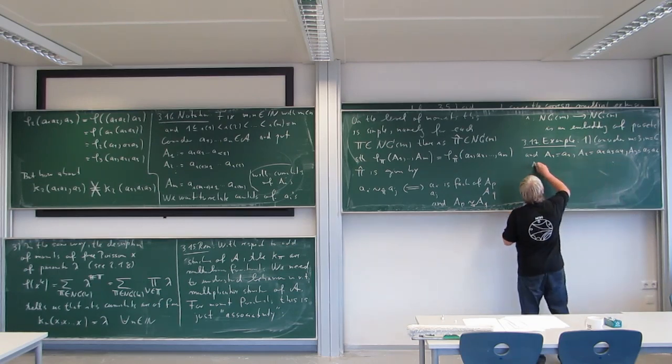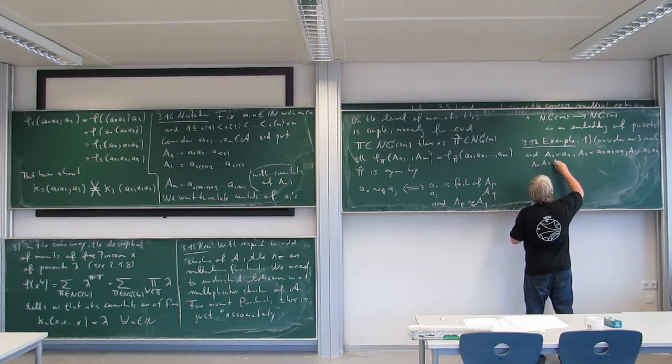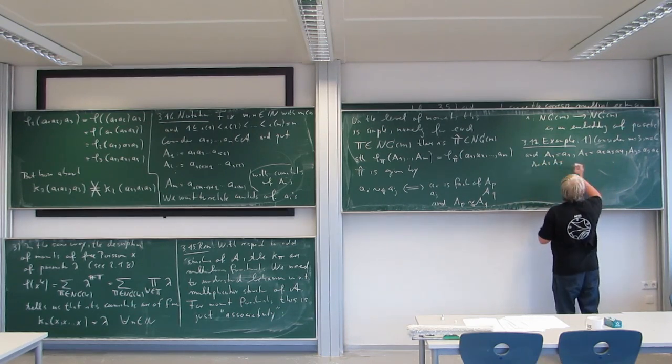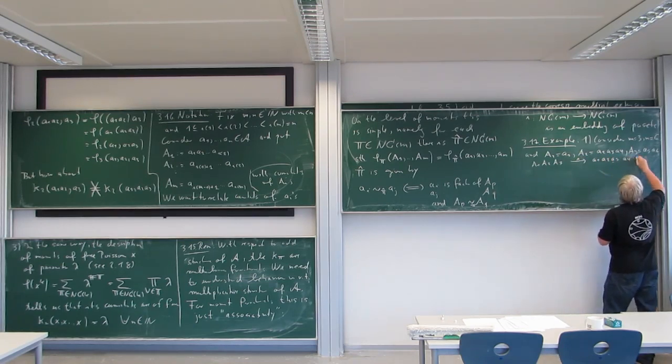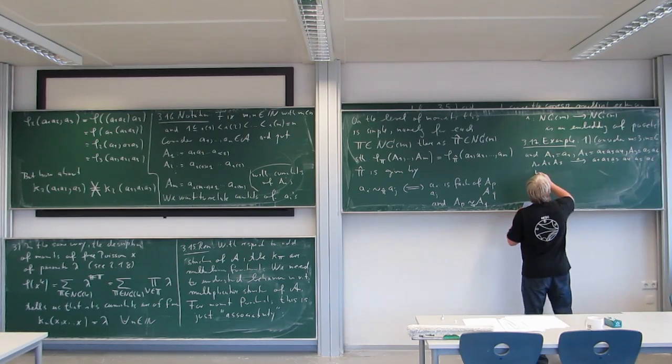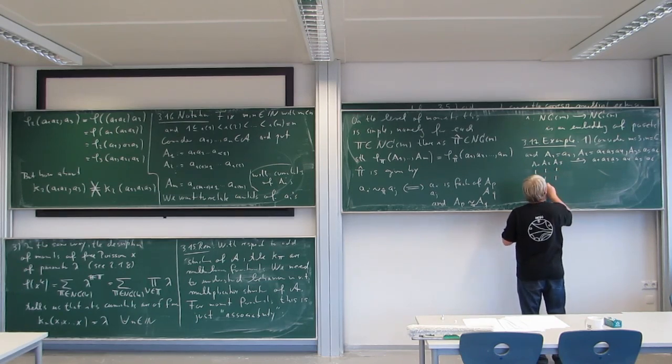So the partitions of A_1, A_2, A_3 are mapped via this mapping to non-crossing partitions of these 6 elements. And of course, I have here my usual 5.